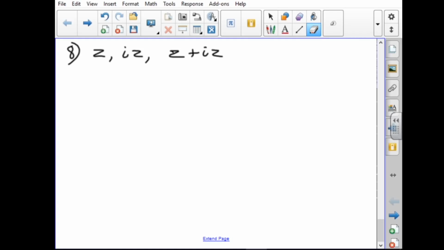So, area of the triangle is equal to, we know when it is a right angle triangle, half into base into height.